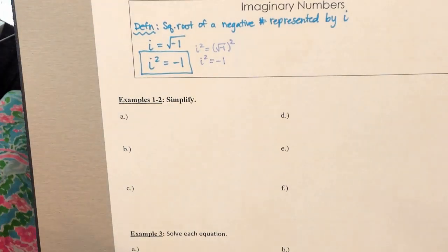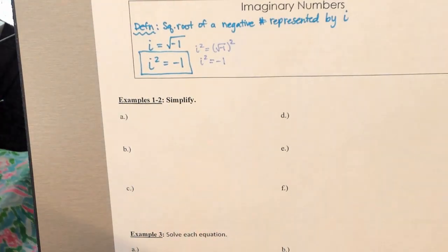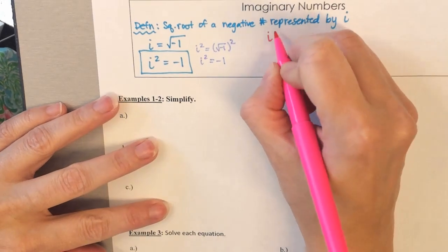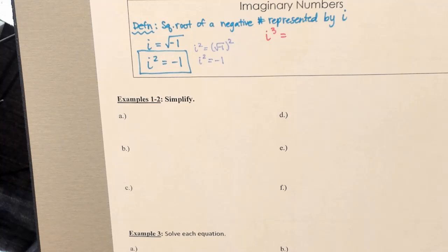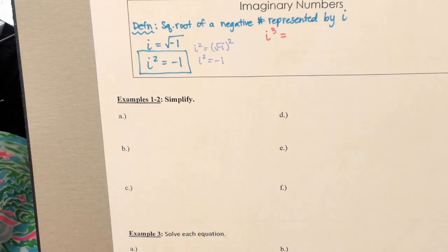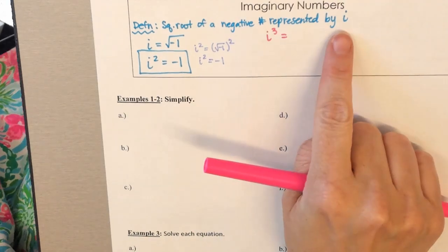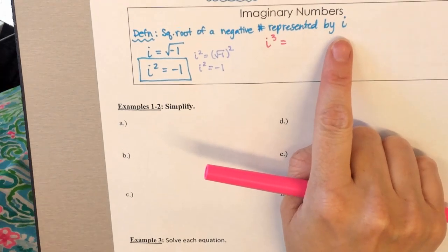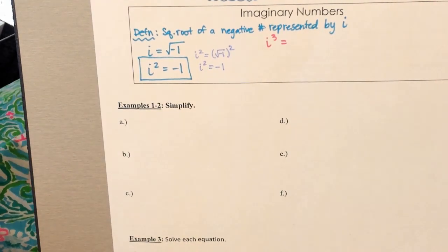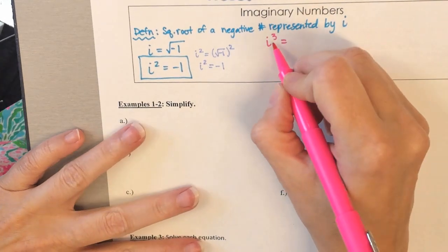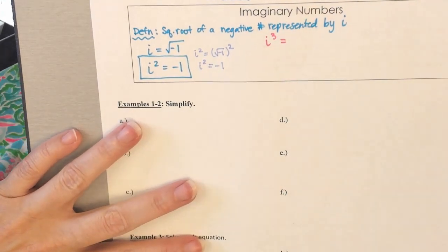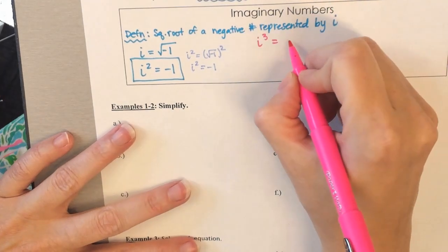We're going to do some other simplifications today, such as I to the third. So I to the third power, we're going to rewrite, and the I is a fancy I, like an italicized I, so when you're writing it, if you could put that in your work as well. I to the third power, we're going to rewrite using the properties of exponents.